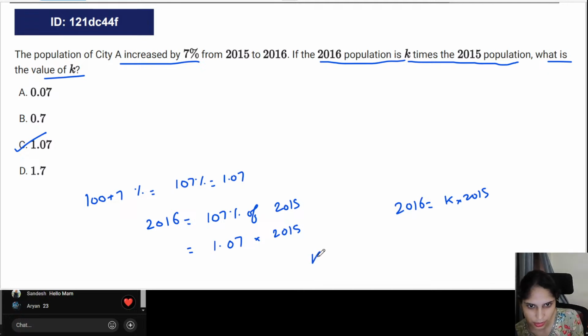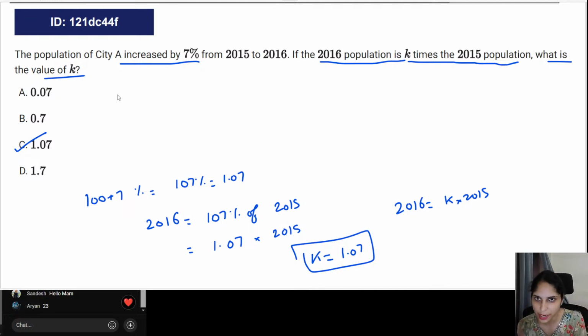So while comparing, you can see the value of k is 1.07. So this is useful that you add the percentages only, because if you first find 7% and then add it, it becomes a little more complicated. So it's always better to add or subtract from 100% whenever there is a question of increasing by or decreasing by.